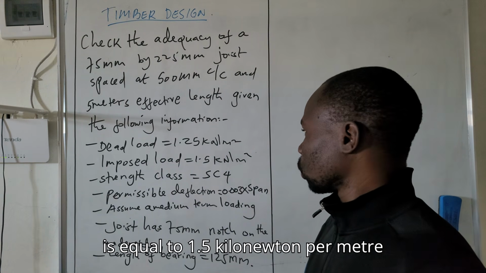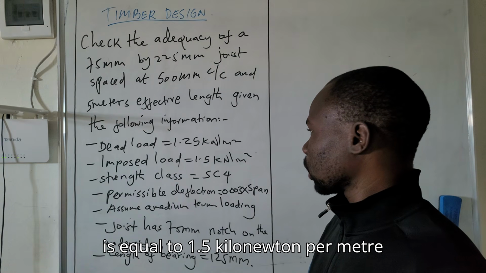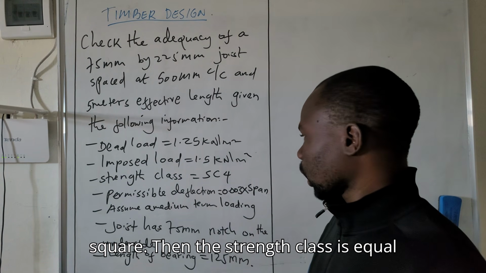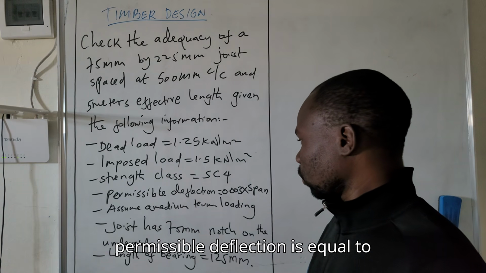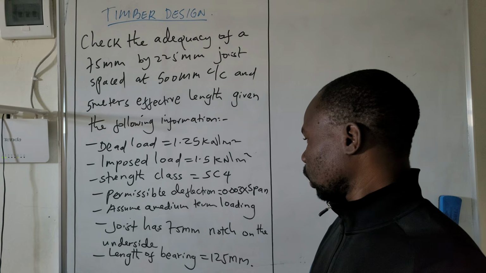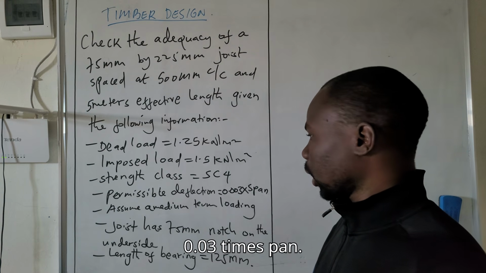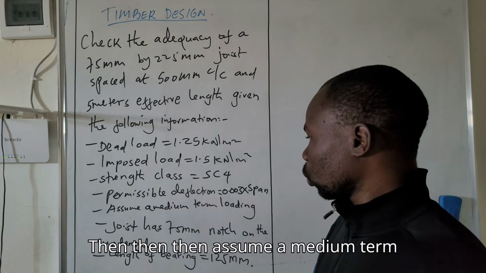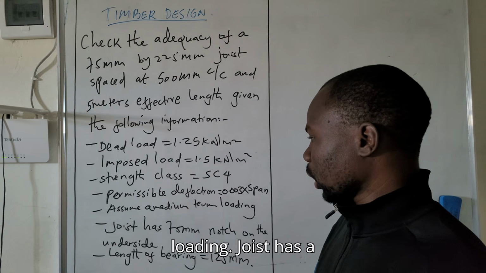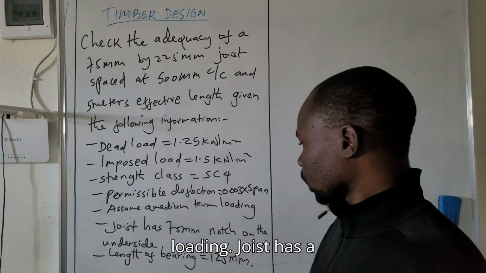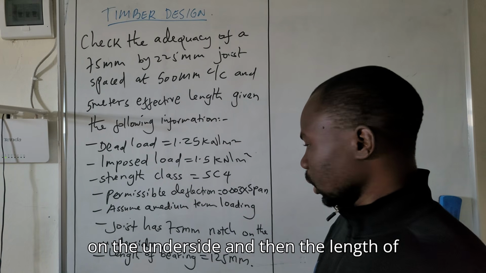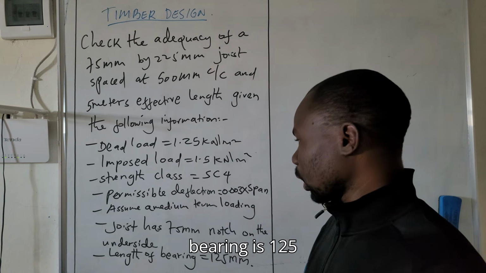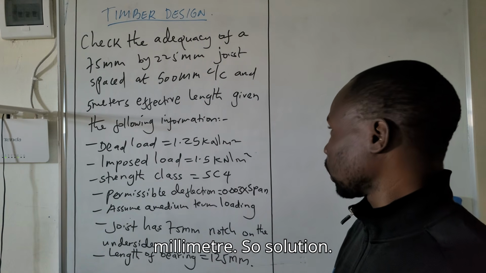Imposed load is equal to 1.5 kilonewton per meter square. Then the strength class is equal to SC4. The permissible deflection is equal to 0.03 times span. And then assume a medium term loading. Joist has a 75 millimeter notch on the underside, and then the length of bearing is 125 millimeter.